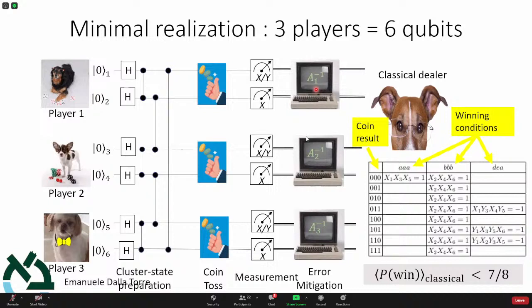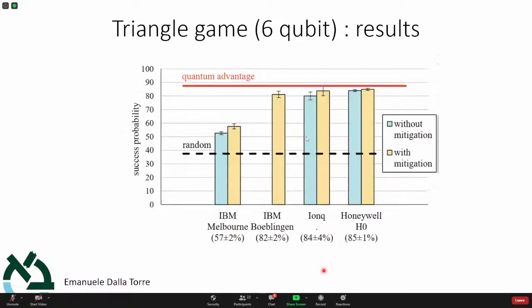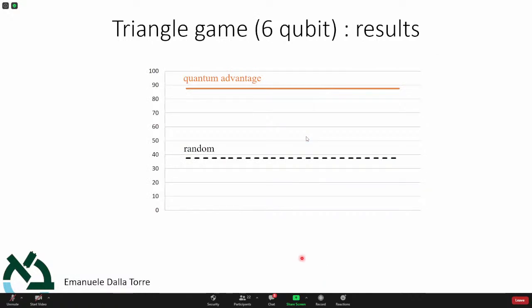Okay, good. So let me get to the result. What I'm going to show you are the results of 4 quantum computers. 7/8 is 87.5%. I used to say that in each talk there is one thing that you learn from the talk.